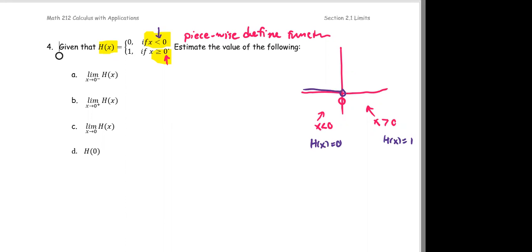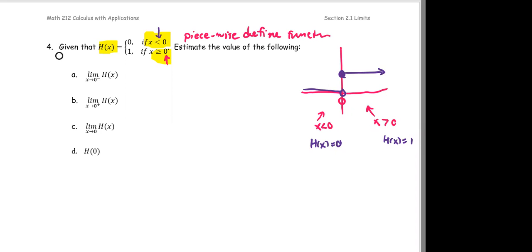For the right-hand side, starting from 0, the function is 1 and keeps going to the right side of the xy plane. Okay, so you can see the two-split graph, and the value depends on the value of x that's provided. Now, back to the problem.